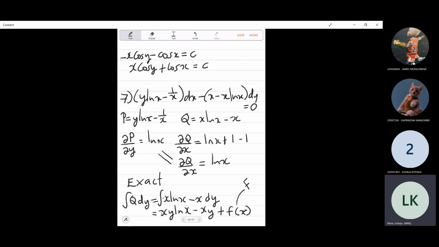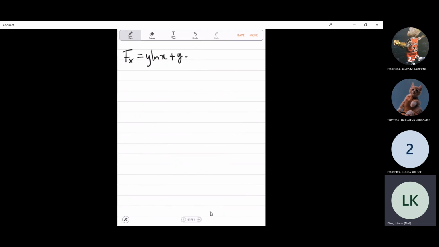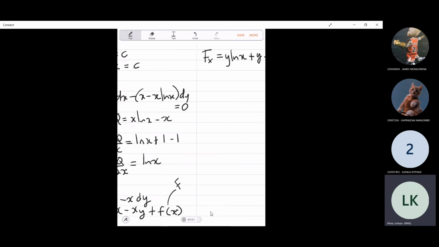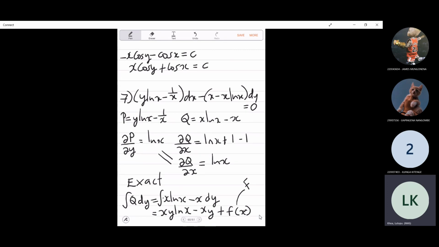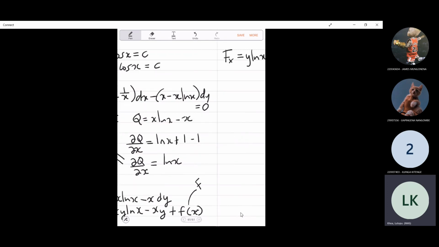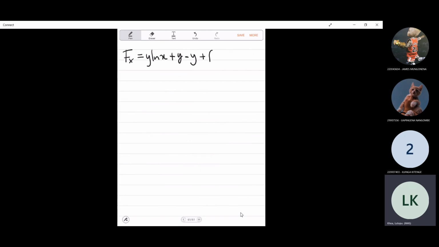And then xy, the derivative with respect to x is minus y, sorry. And then the derivative of f of x is f prime of x. And this we must equate to P. So we can see that these two will cancel.